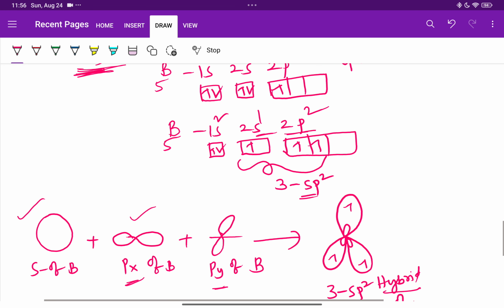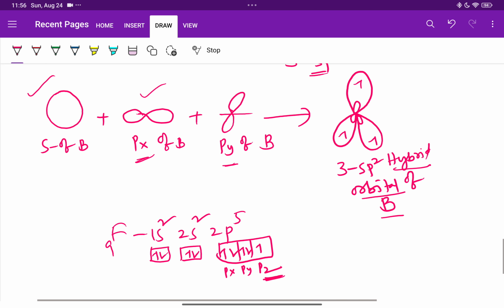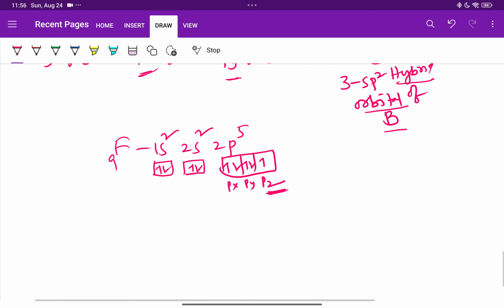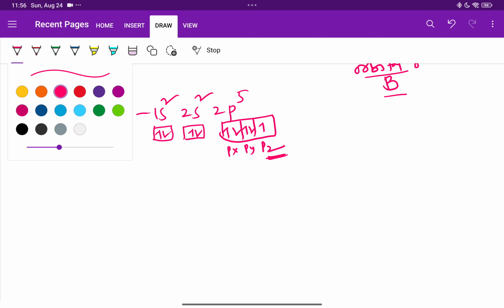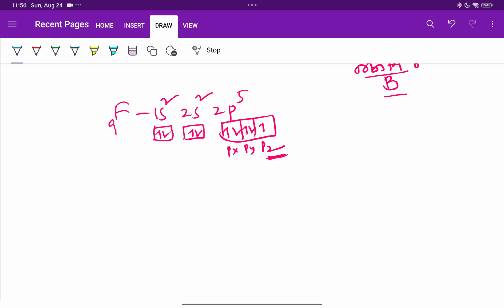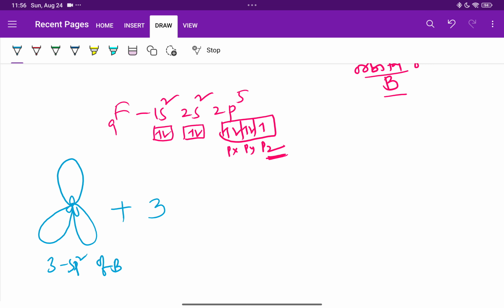So you need to take 3 pz orbitals which are in dumbbell shape. So first of all I am taking boron's 3 sp2 hybrid orbitals, 3 sp2 of boron, then end overlapping with the 3 fluorines' pz orbitals.